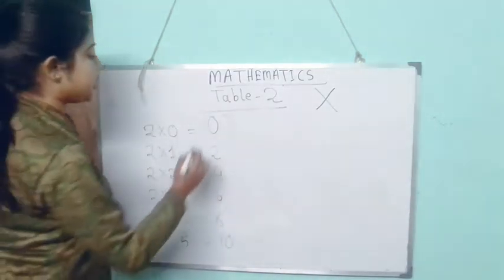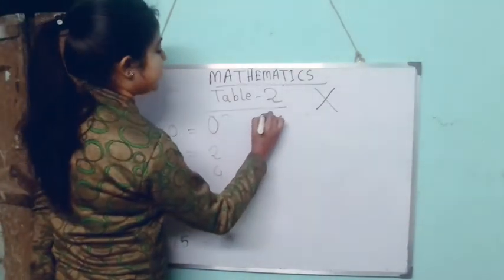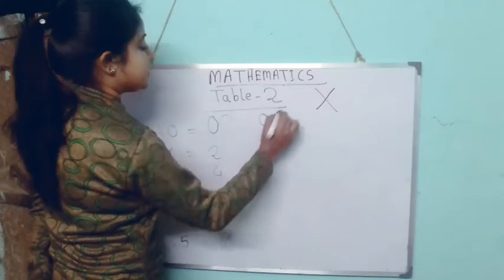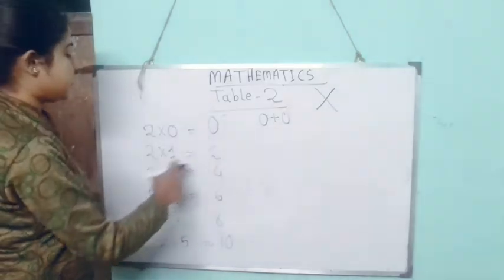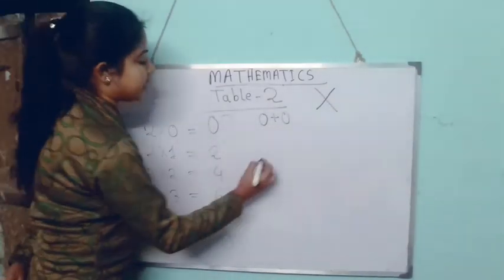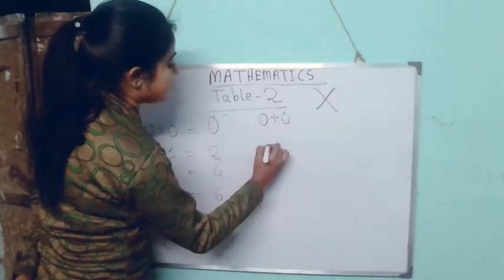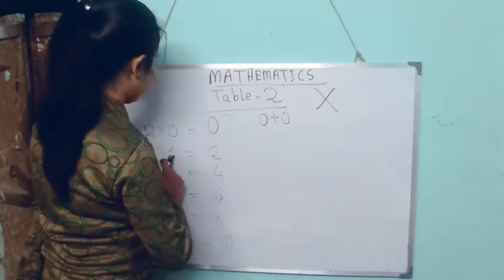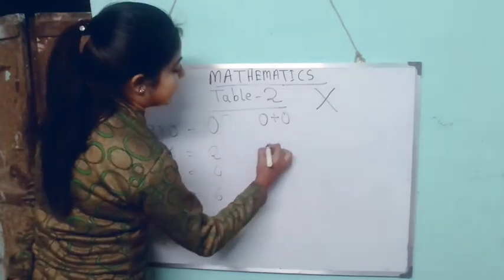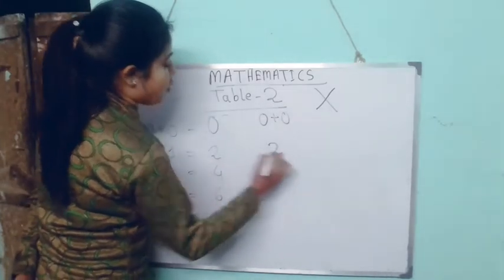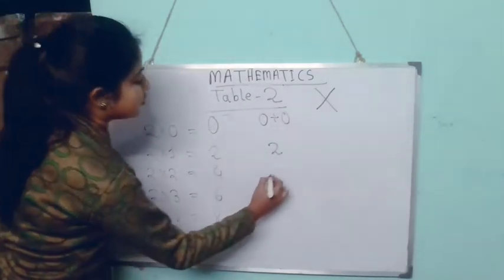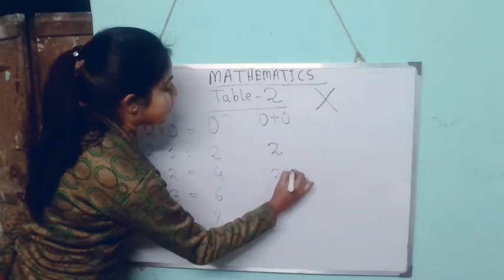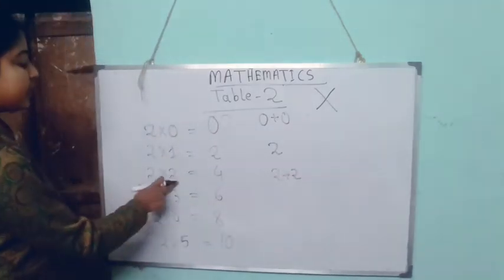By repeated addition. Here you have to write 0 plus 0, 2 times. 2 into 0. 0 plus 0, that is 0. 2 into 1, that means 1 time 2, that is 2. Then 2 into 2, that means 2 plus 2, 2 times 2.